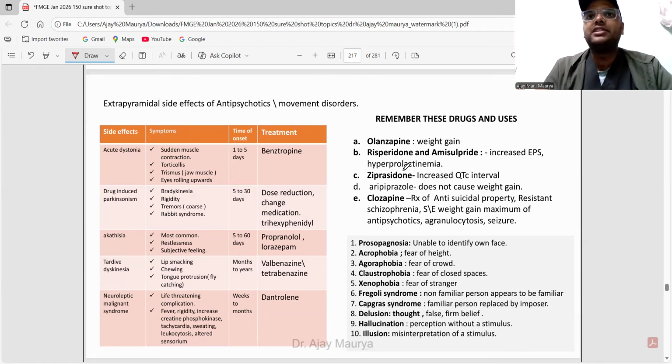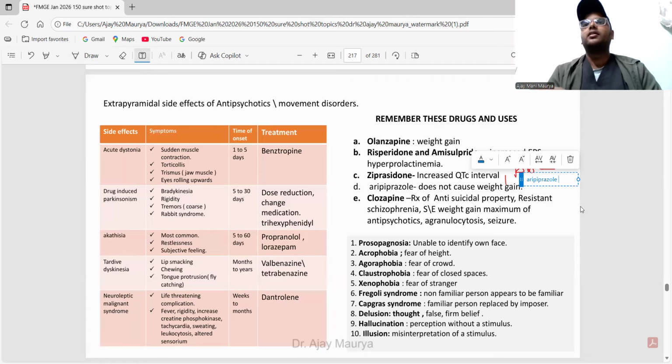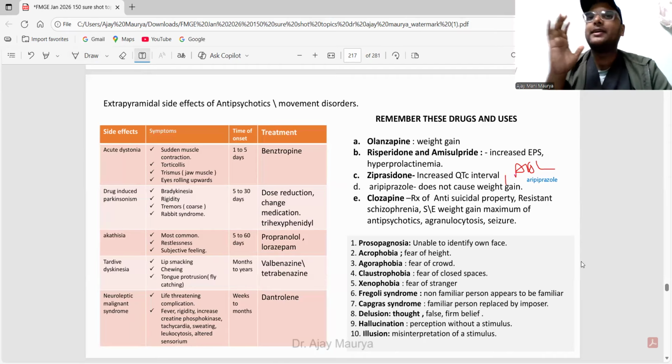Risperidone and aripiprazole. Okay, out of all the antipsychotic drugs, all are showing weight gain.